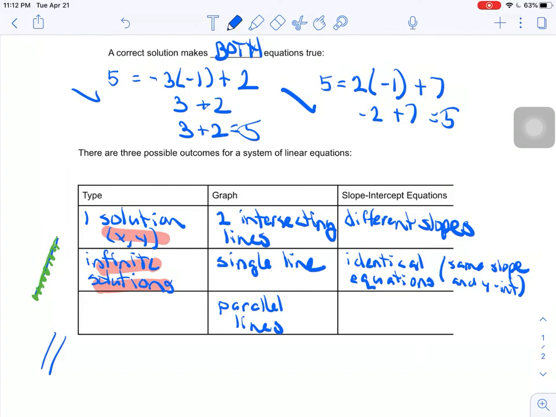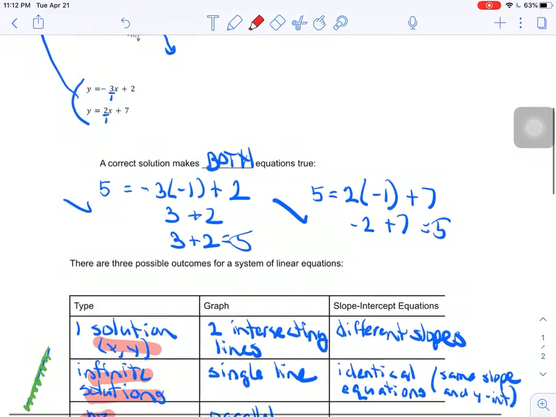So for parallel lines, there is no answer because the lines never touch. So you would just say that there is no solution, because there's no intersection point. The lines will never meet up. So if you have a parallel line situation, and it said solve the system of equations, but they're parallel, then for your answer, you would say no solution.